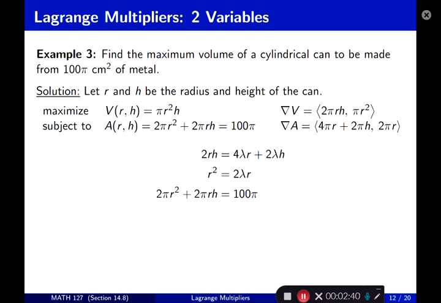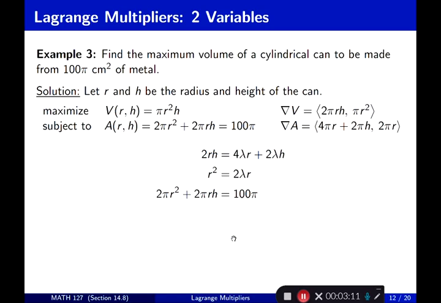For example, in here you see r squared plus 2 is equal to 2 lambda r, and you get r equal to 0 as a solution. It's safe to assume that's not going to happen, because you're optimizing, and one of the dimensions equal to 0 is not going to give you the optimized value.